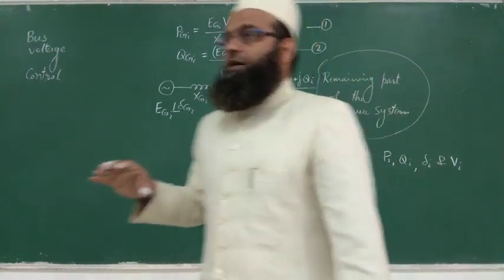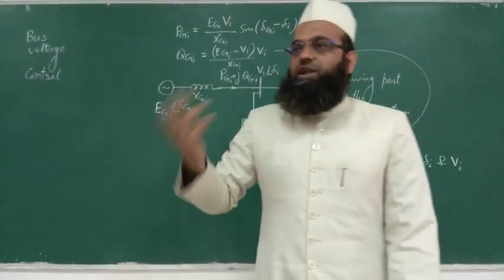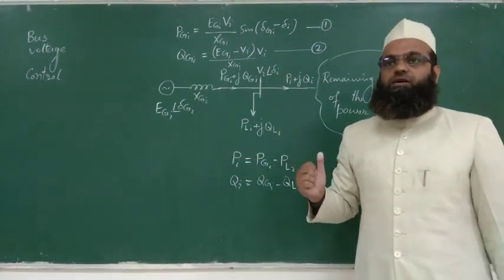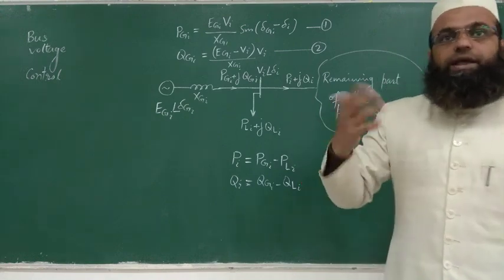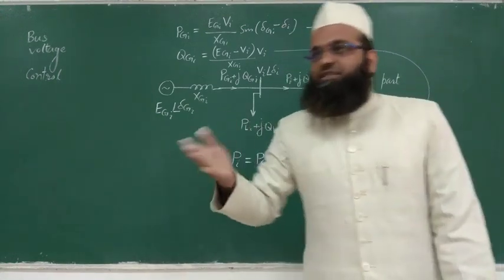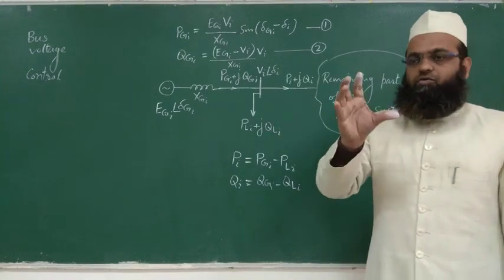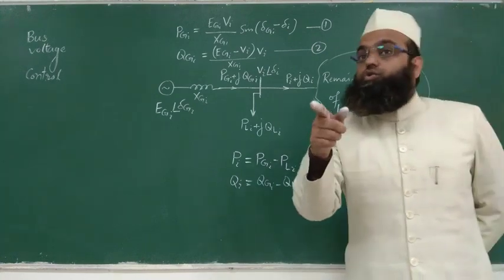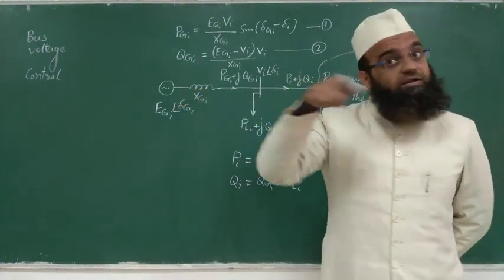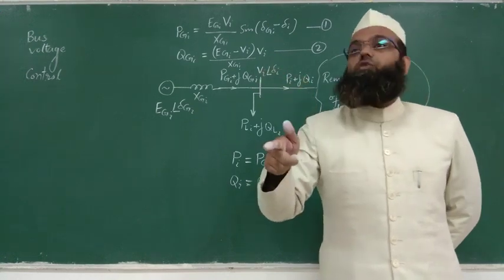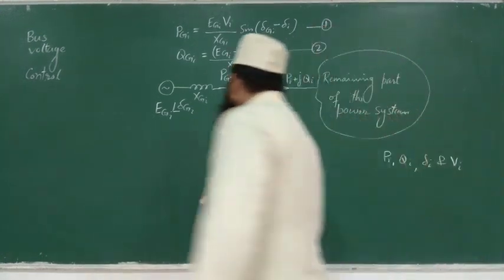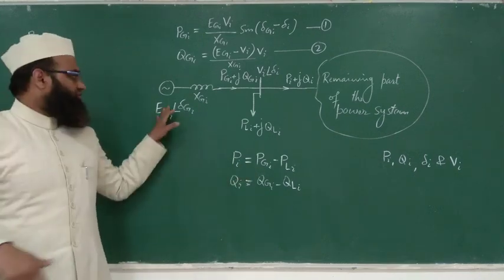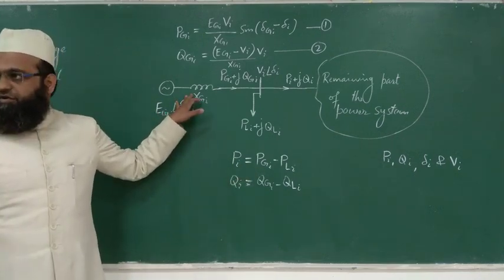So your governor setting will be adjusted. How much should you adjust your governor setting? The governor is basically supplying the power. So the governor setting should be such that the net input to the generator provided by the turbine must be equal to the required PGI here plus losses occurring here, is it not?